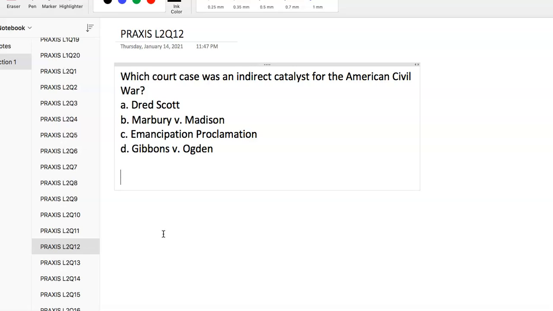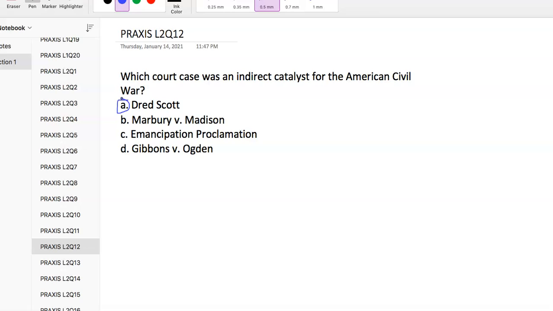Question 12. Which court case was an indirect catalyst for the Civil War? We need to know that that is Dred Scott. So let's talk about this for a second. If you don't know this, or if perhaps you once knew it but it's left your mind, Dred Scott case ruled that a Negro, whether enslaved or free, could not be an American citizen and therefore had no standing to sue in federal court.